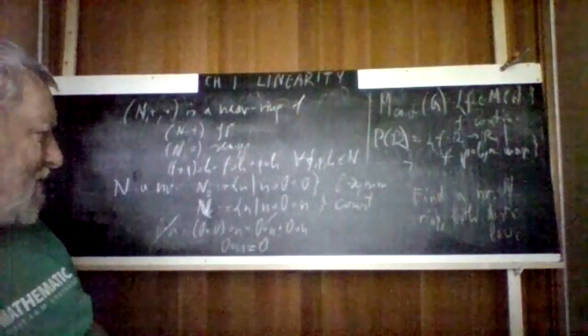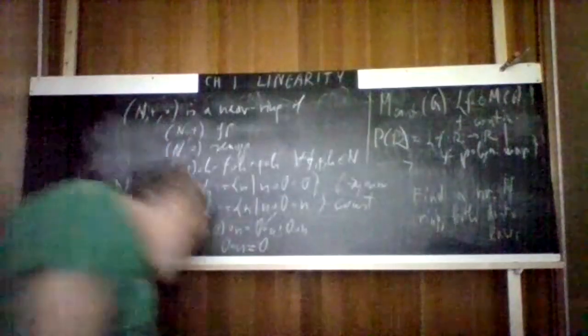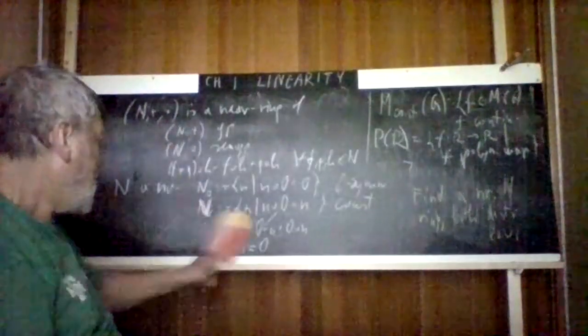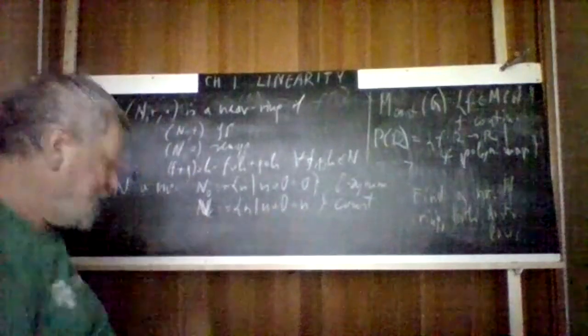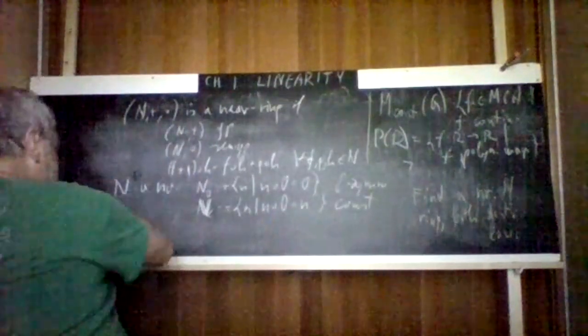Less obvious is why we call these elements here constant. What happens to justify this name? What happens if n is constant?